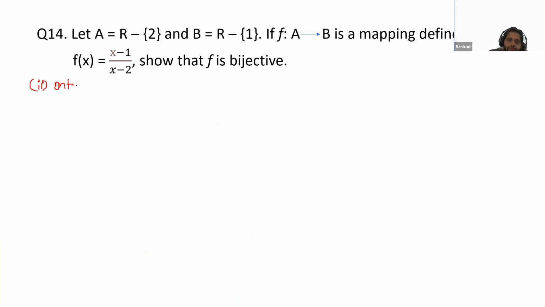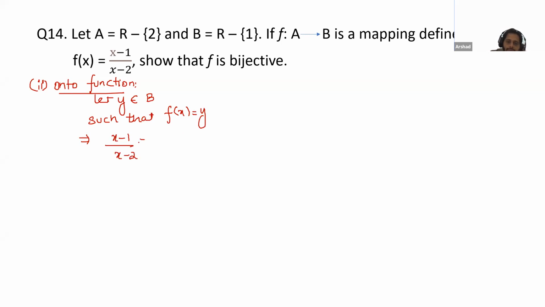Onto function. For onto, we will assume a value, let y belong to B such that fx is equal to y. I know that this chapter is quite difficult, that's why we have completed most of the questions in class only. Next, (x minus 1) by (x minus 2) is equal to y.